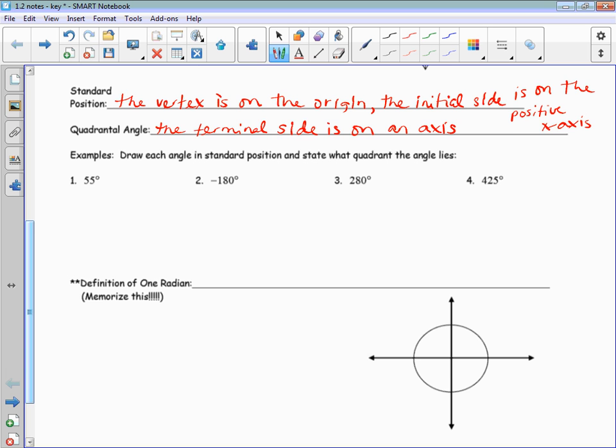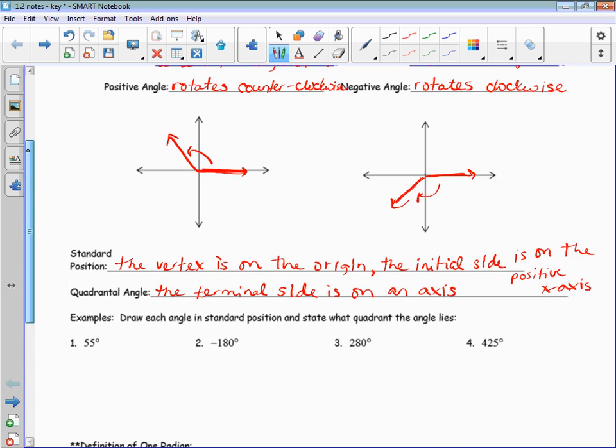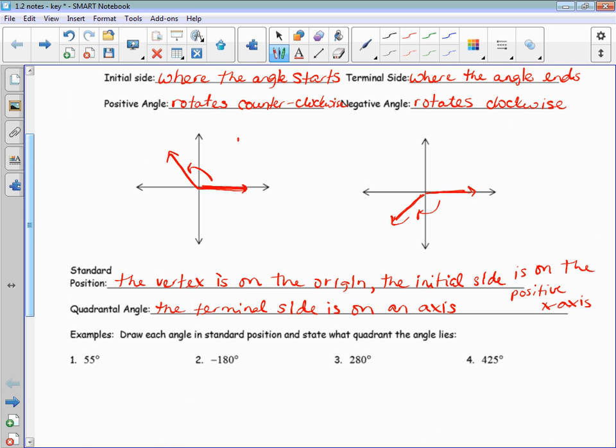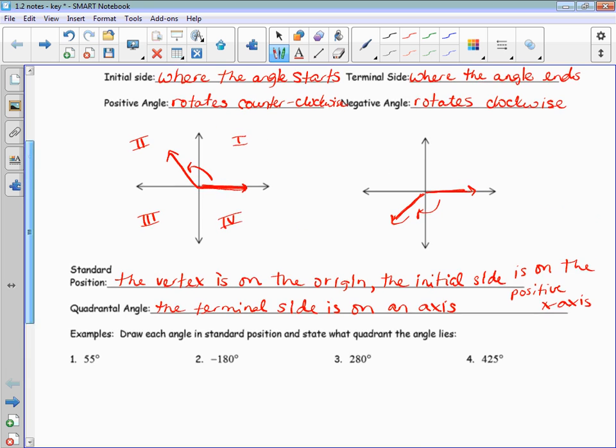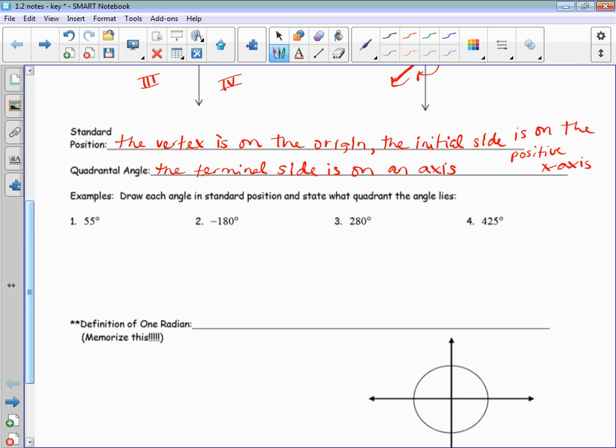So let's go back up, just a quick review of your quadrants. This is the first quadrant. Do you guys remember which direction they go? Those counterclockwise. So that's second, third, and fourth. Squeeze one in over here.